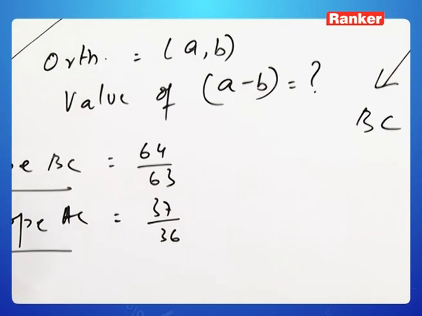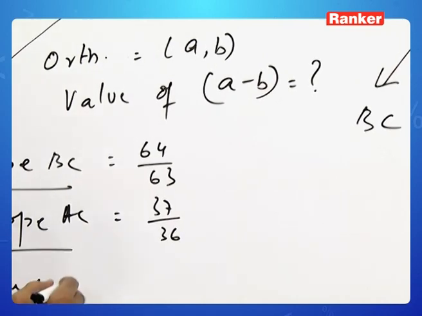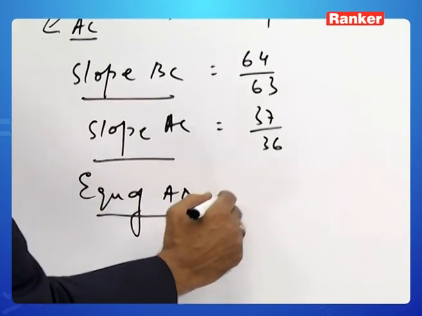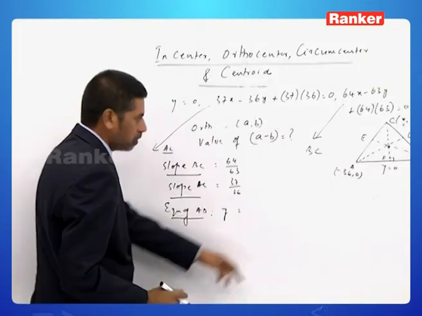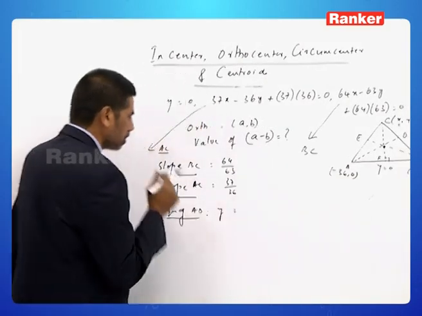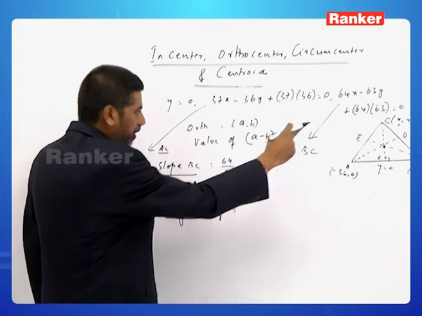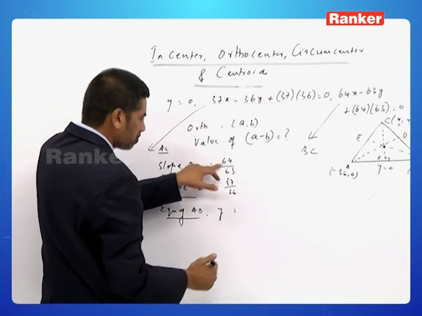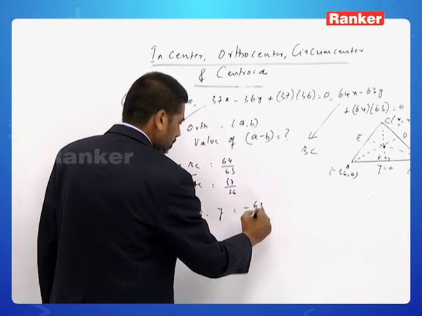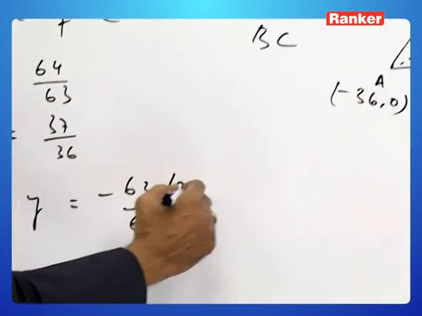So equation of AD will be y minus 0 is equal to, the slope of AD will be the negative reciprocal of slope of BC. So minus 63 by 64 into x plus 36.